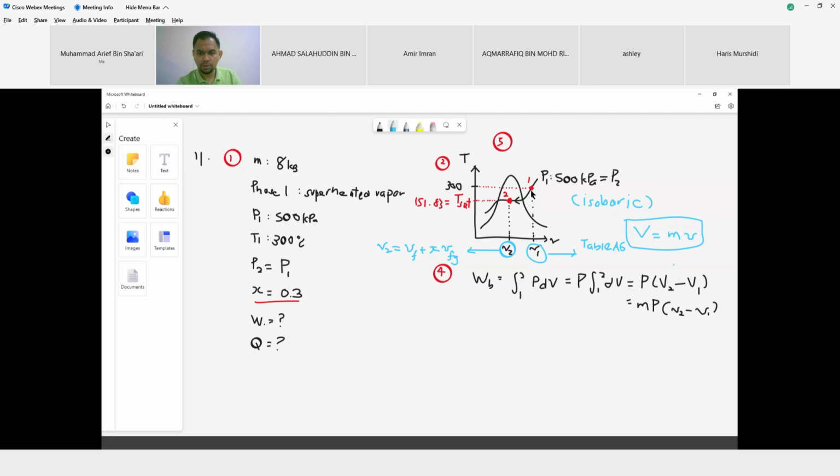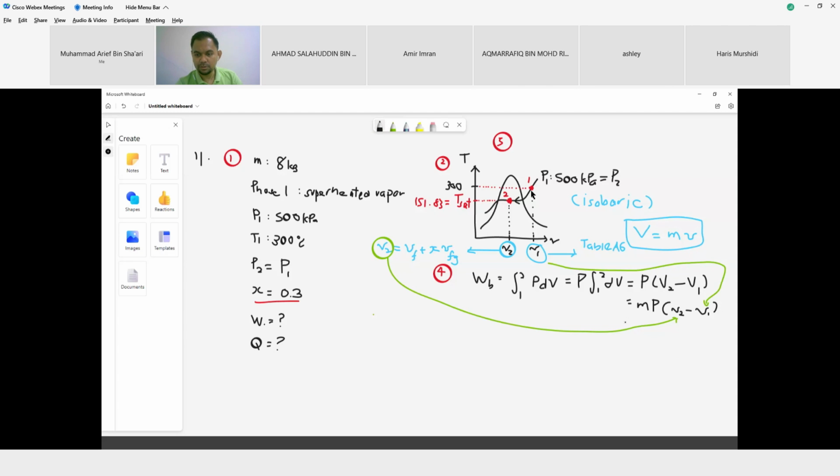So find both values. We learned about it last week. Once you know this value, then you need to put it in here. Okay, this is how we solve the problem.